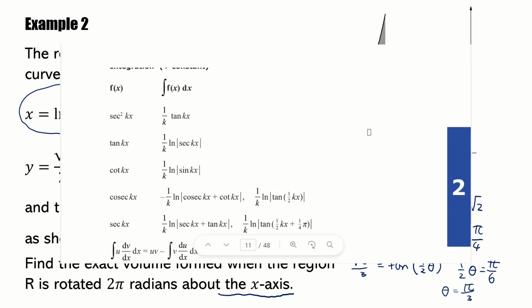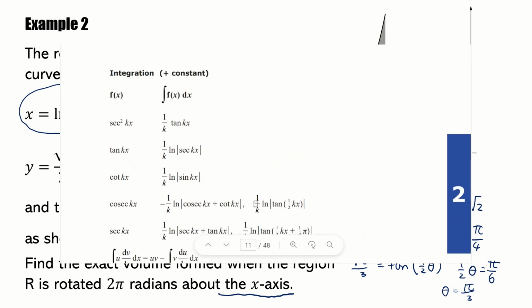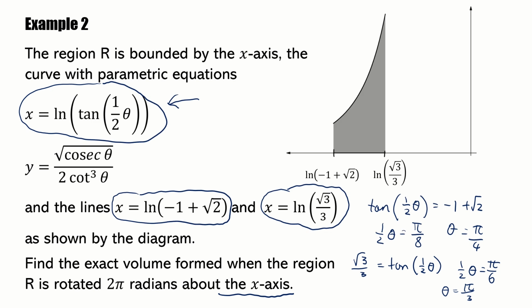However, if you then look in the integration section, you'll notice that ln of tan of a half theta appears in the right-hand column for the integral of cosec x. And that's important because it means if cosec integrates to ln of tan of a half theta, that tells you that ln of tan of a half theta differentiates to cosec theta. So that saves a lot of time straight away. So therefore we have that dx over d theta is just equal to cosec theta.